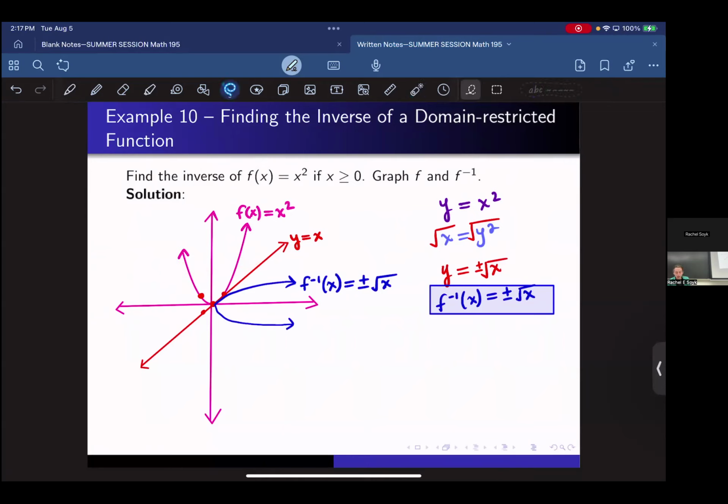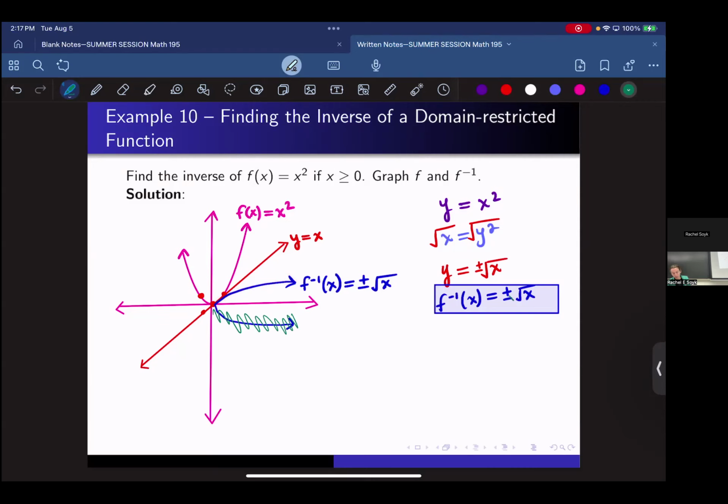And that's why I put in plus or minus square root of x, but really we should be neglecting that negative part so that we can still deal with a function.